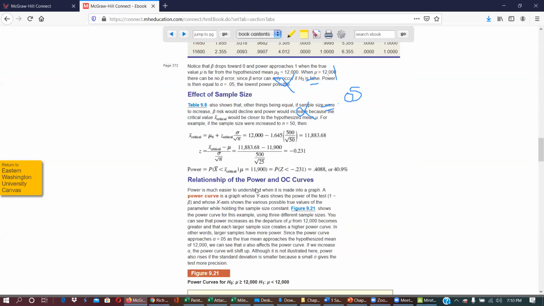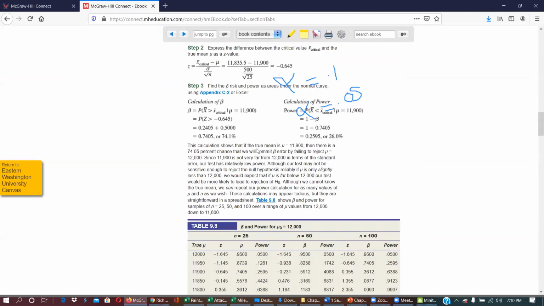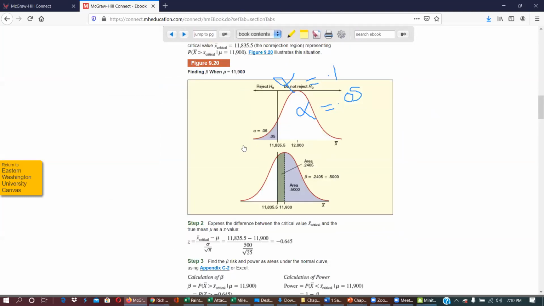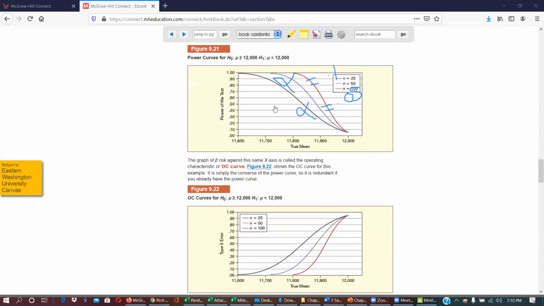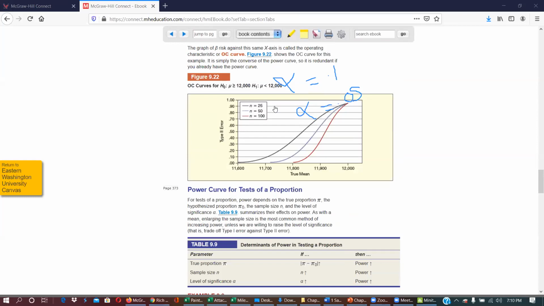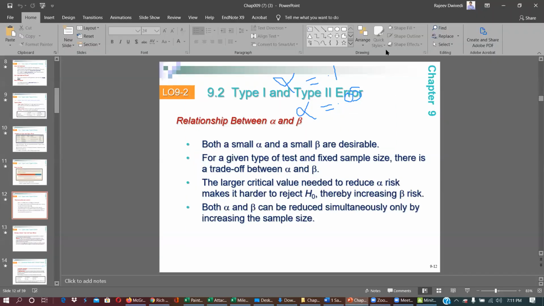This is basically a relationship showing how alpha and beta can be calculated, and how you can check type 1 error and type 2 error. This is there in the book. So this is about this chapter.